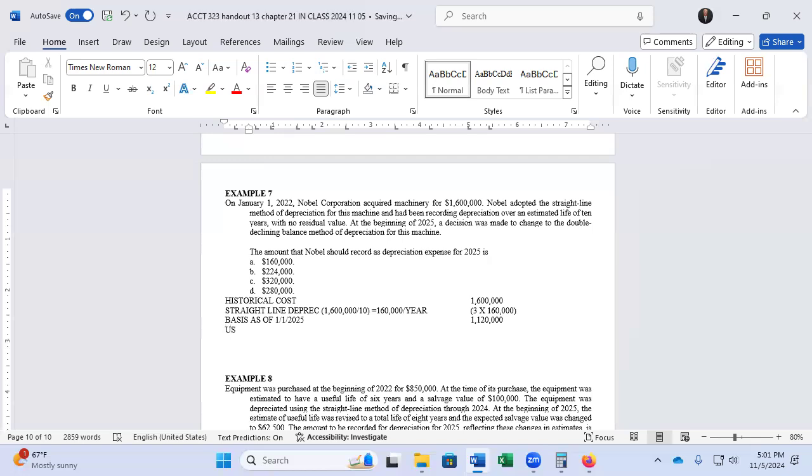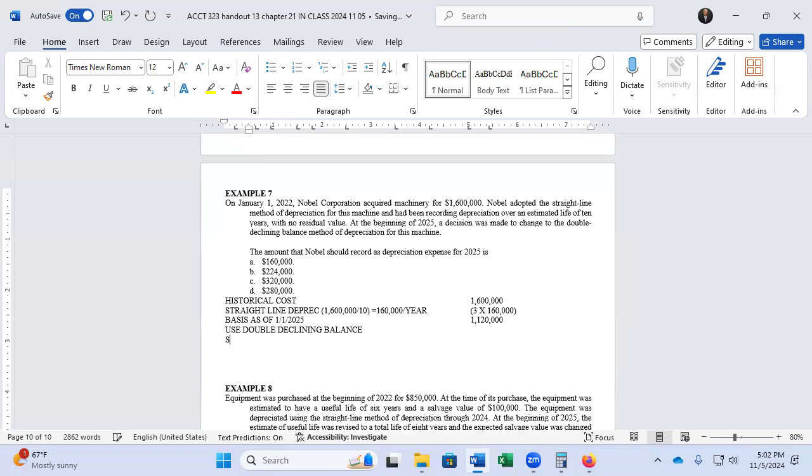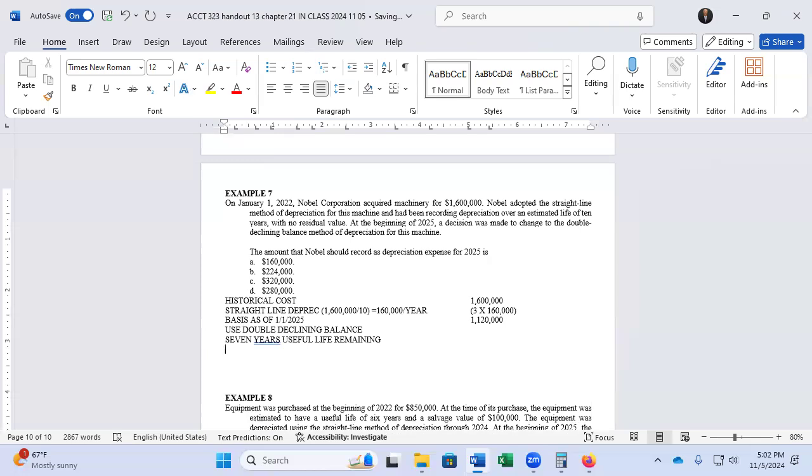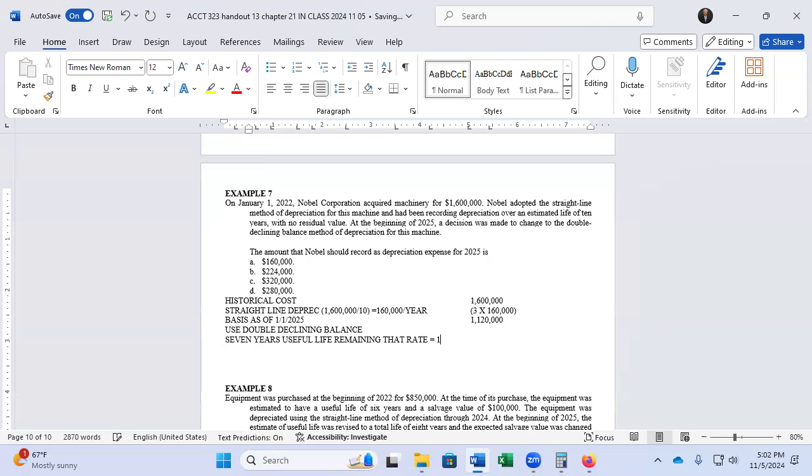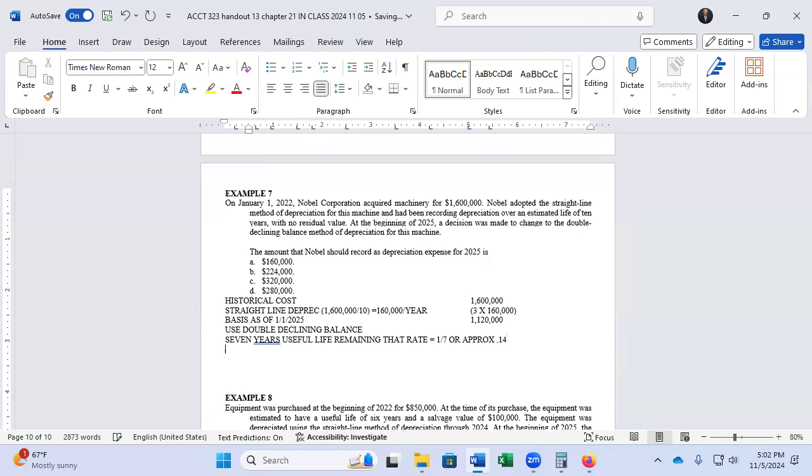And now we're going to use double declining balance. So we have 7 years of useful life remaining. So that rate equals 1 divided by 7, or approximately 0.143.